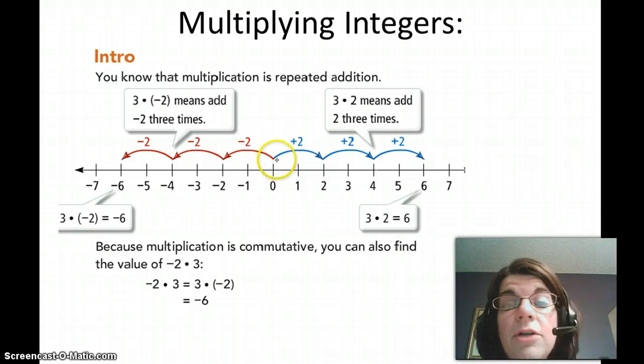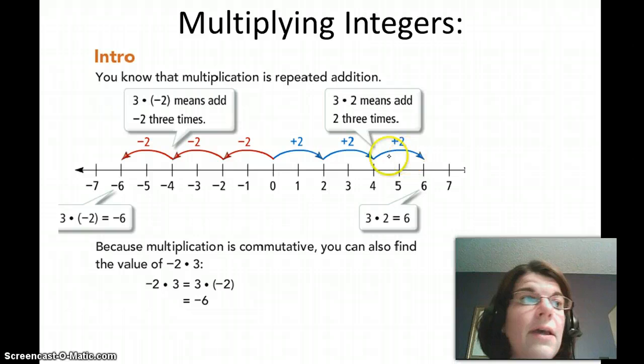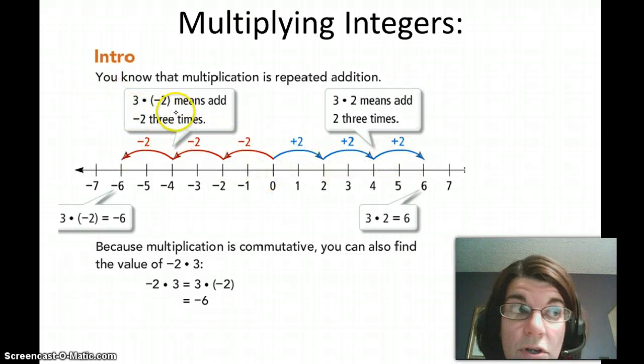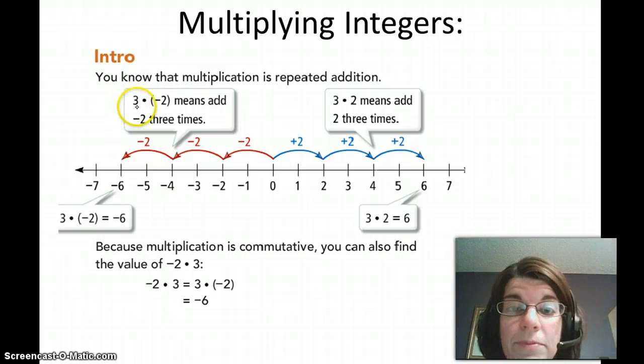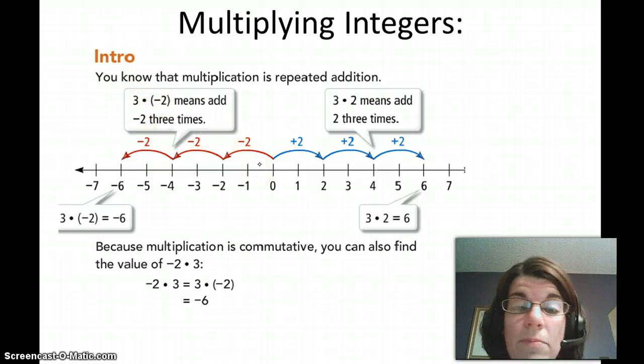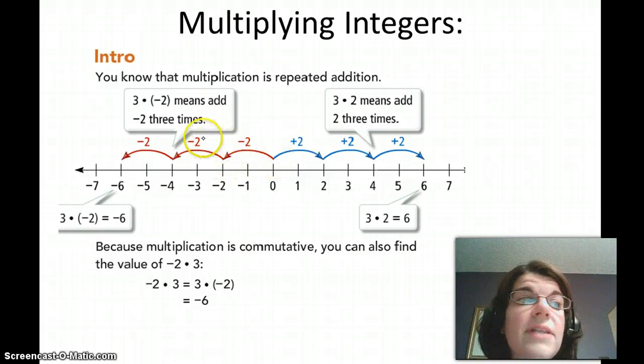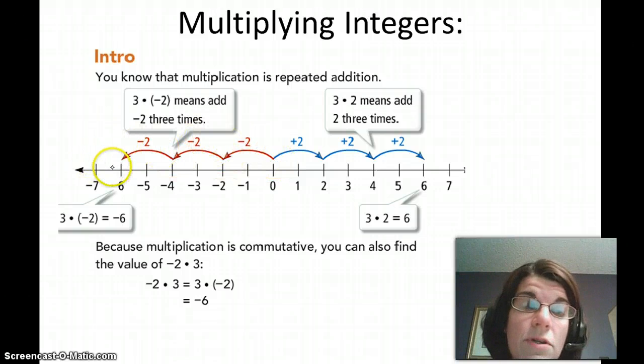And the blue line is showing us 2 plus 2 plus 2 is 6. And if I have 3 times -2, that means 3 groups of -2. So again, I'm repeating the addition over and over. -2 plus -2 plus -2 gives me -6.